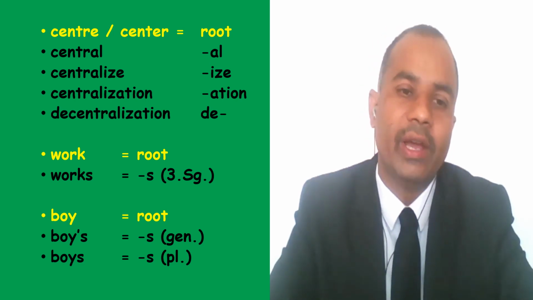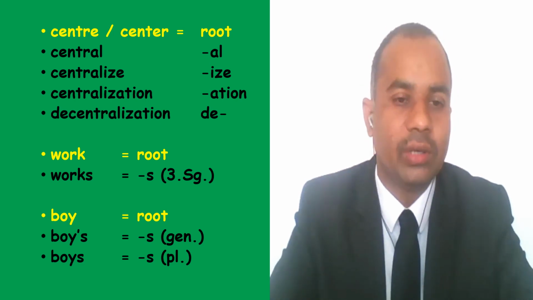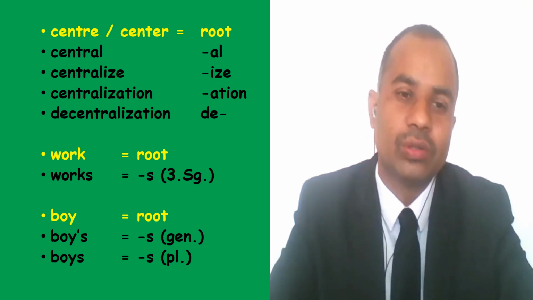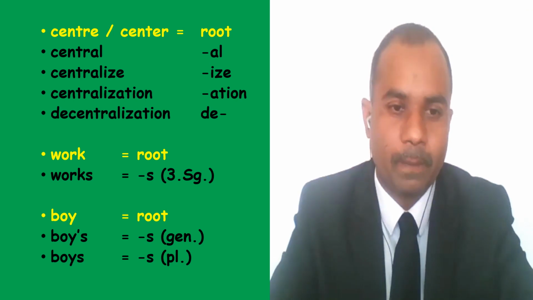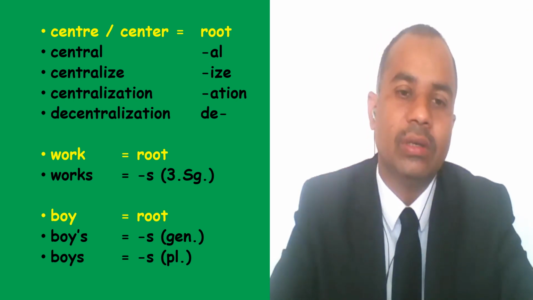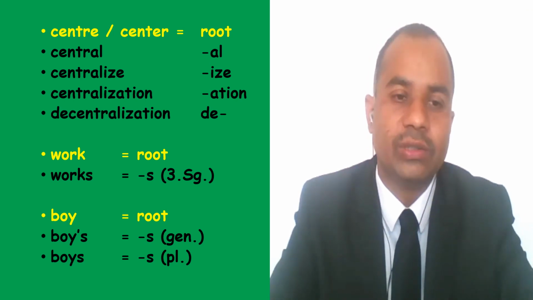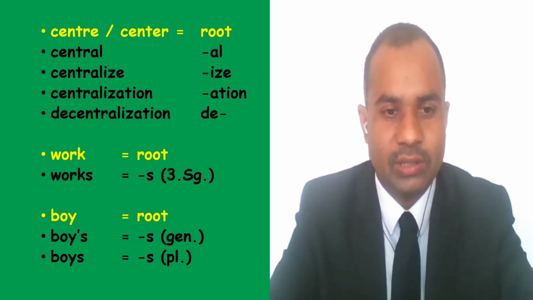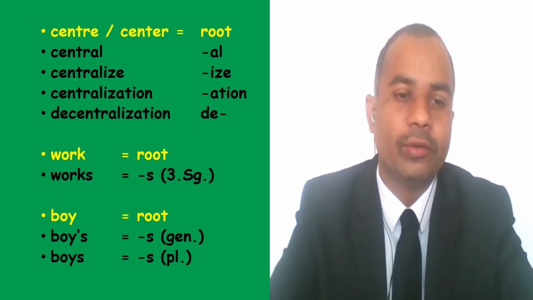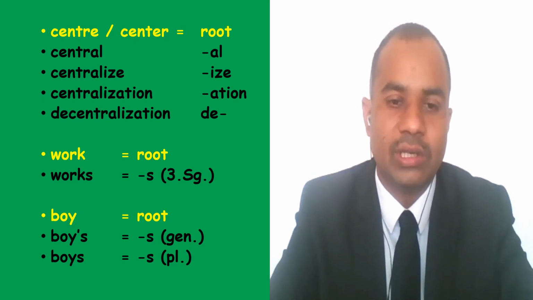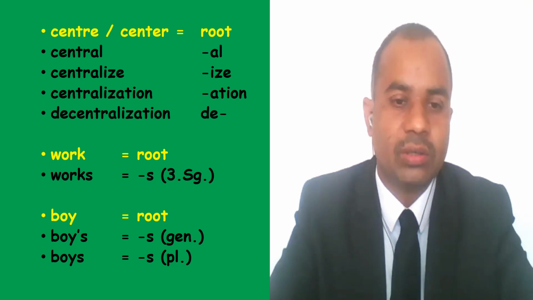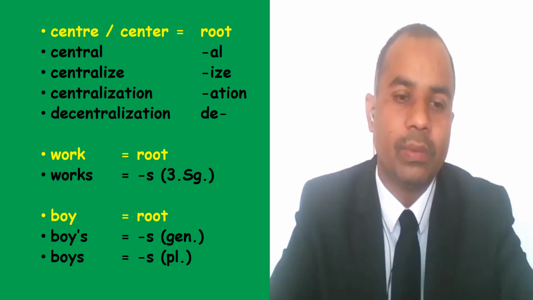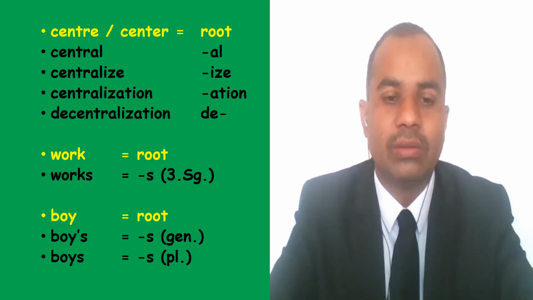Interestingly, we have the verb work as a root, and works. So s comes three times, in three different instances in English. First, we have work and works, the third person singular in present tense. Then we have boy as a root, but we have boy's in the genitive or possessive case, and boys as a plural marker.